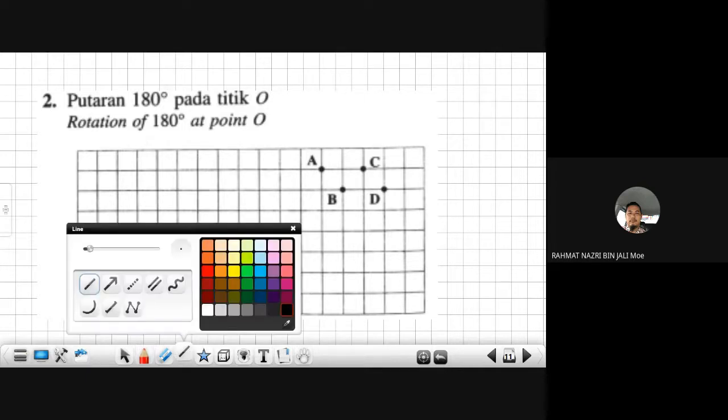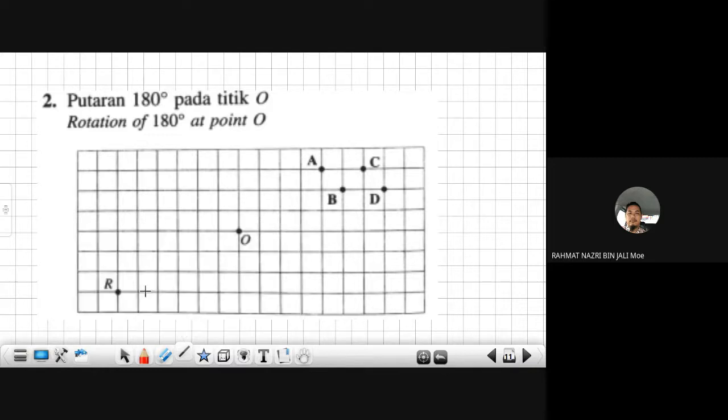So we can confirm with a straight line. We can draw a straight line passing through the center and then make it longer. And lastly, any point that touches this line, we can confirm that's the object to the R. Or we can double confirm with the distance.